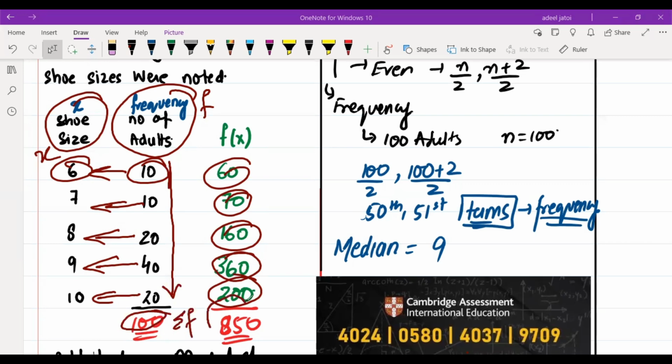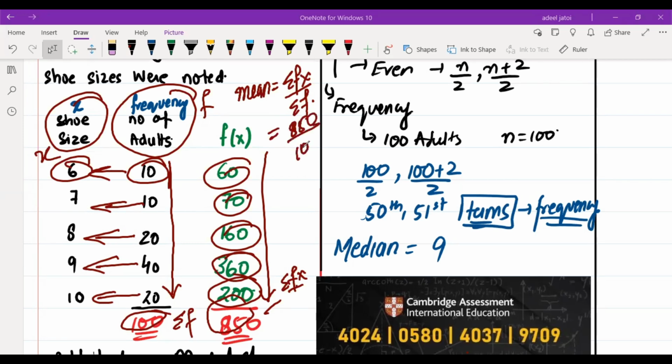And when you add the entire values of fx, this will give you summation of fx. Whenever you need to find the mean, your mean formula is summation of fx upon summation of f. Your fx is 850, whereas your f is 100. The answer is 8.5 for this particular data question.